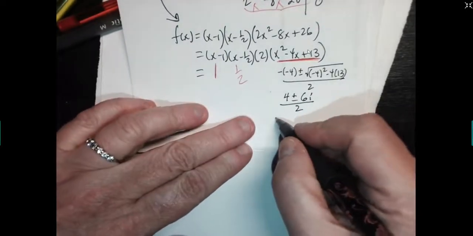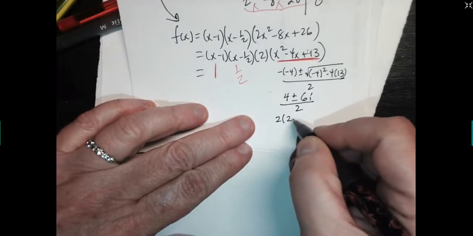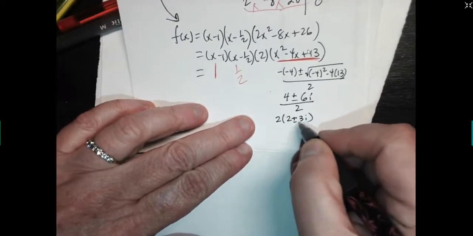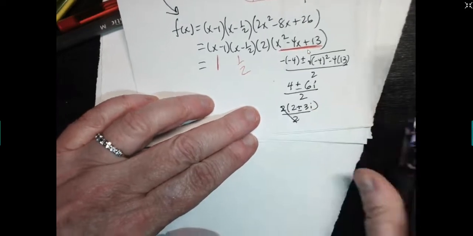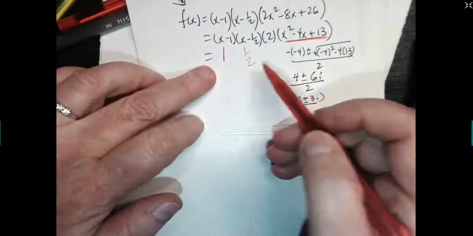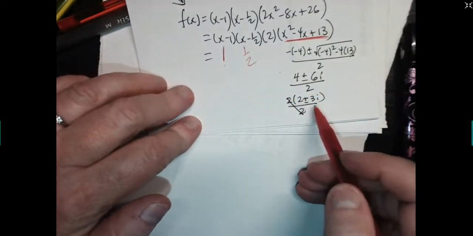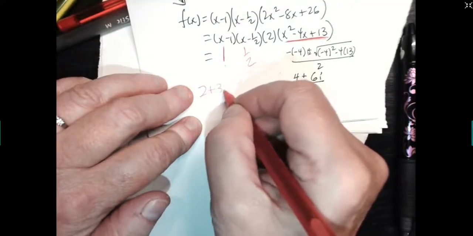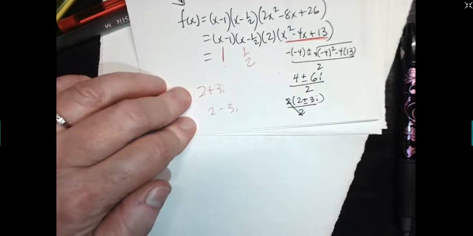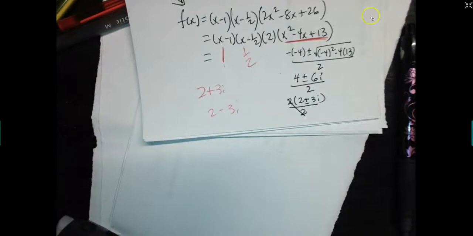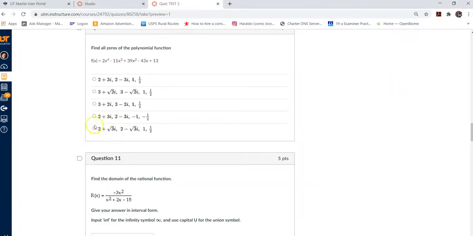And so that's going to be, so my zeros are going to be 1 1/2, 2 plus 3i, and 2 minus 3i. And so that's what I need to go back to. But I need to have 1 and 1/2, 2 plus 3i, 2 minus 3i.